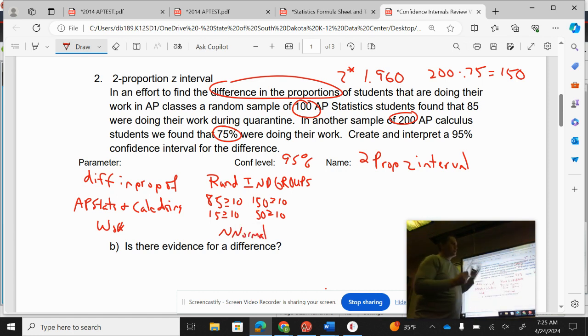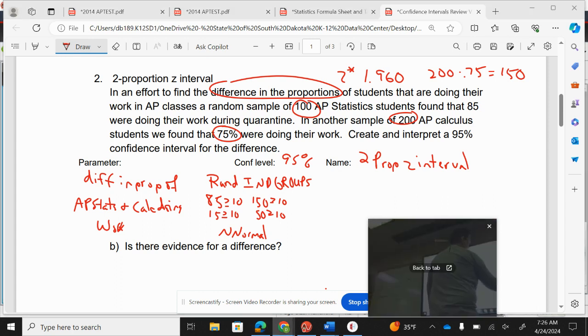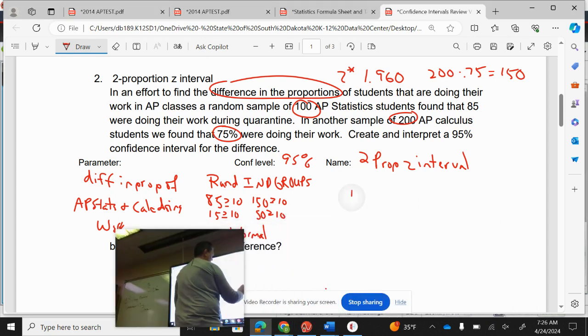Now, whenever you have 2 groups, you're taking one group minus the other group. We have 85% of the stats, 75% of the calc.